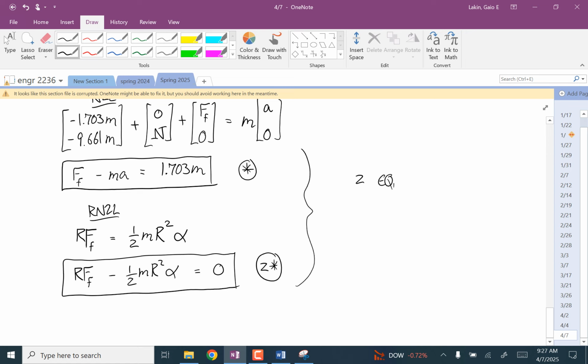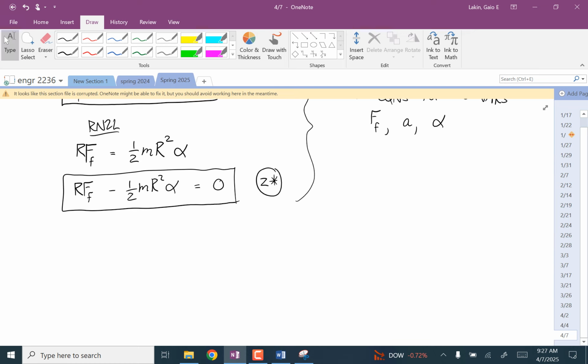So this is two equations for three variables, FF, A, and alpha. So we can't solve it yet. But we do know that we have to use the equation for rolling without slipping.